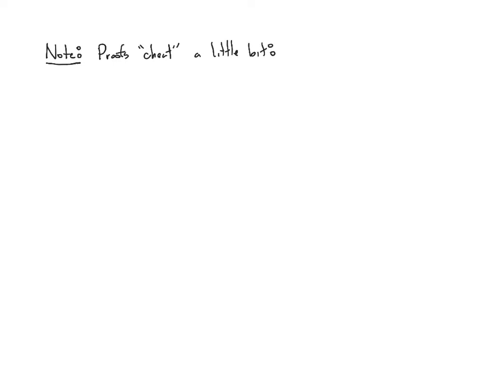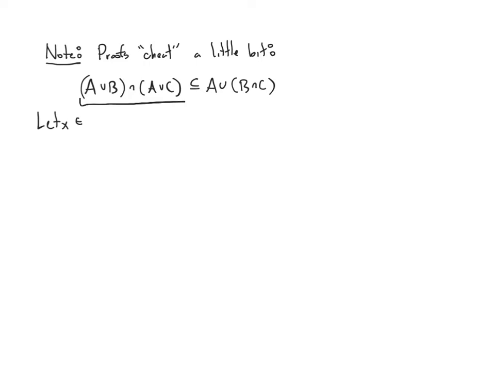For example, when we were showing that A union B intersect A union C was a subset of A union B intersect C, the first thing we did is we said, let X be an element of this guy.